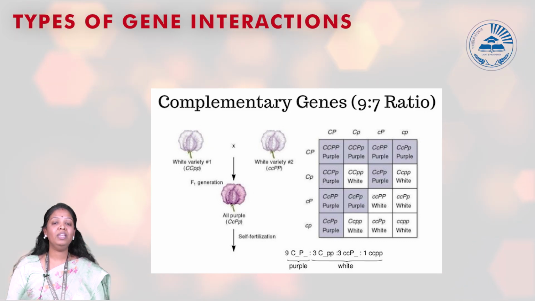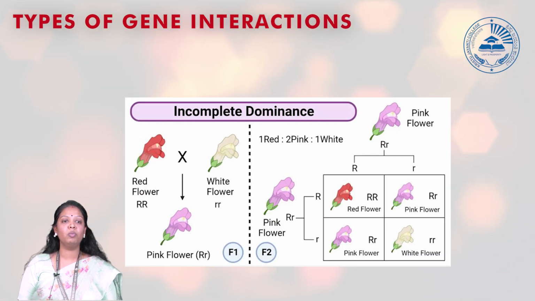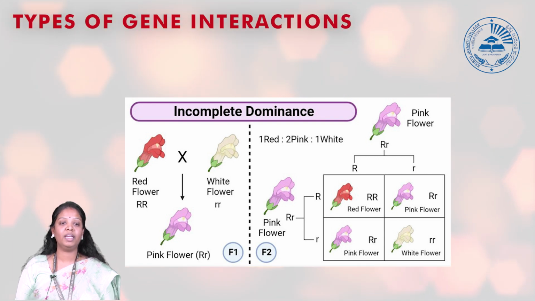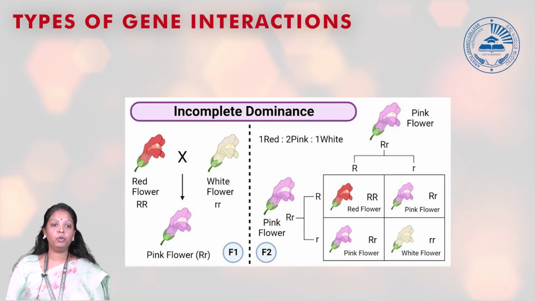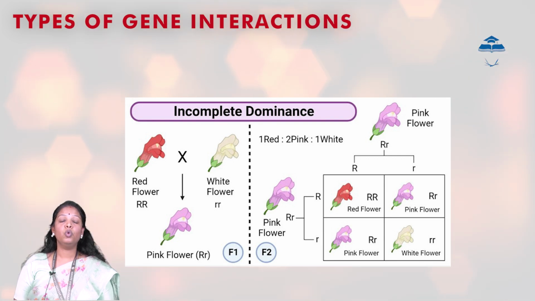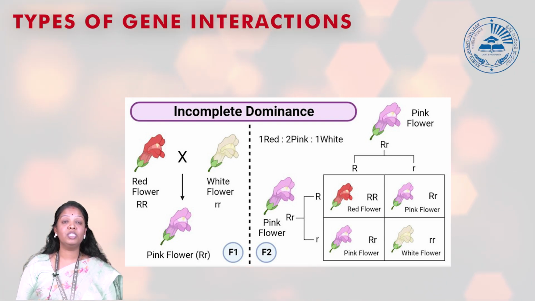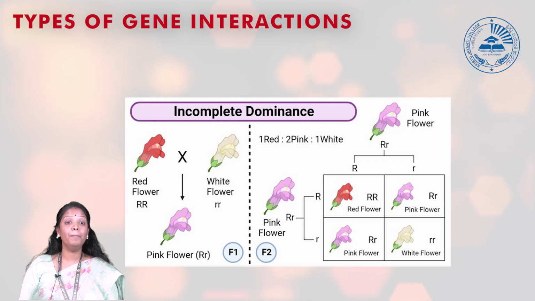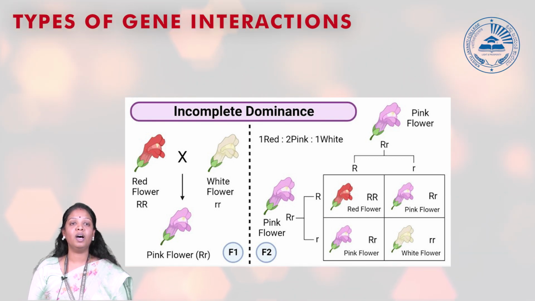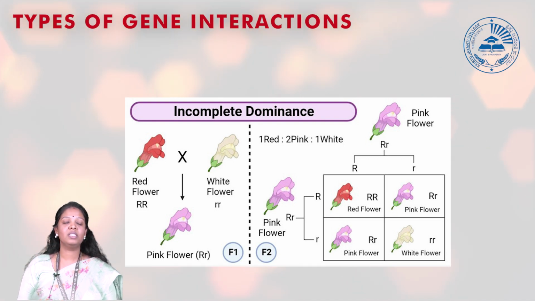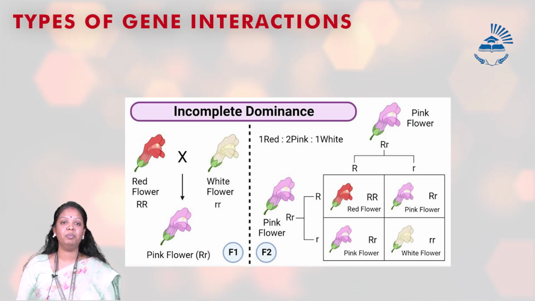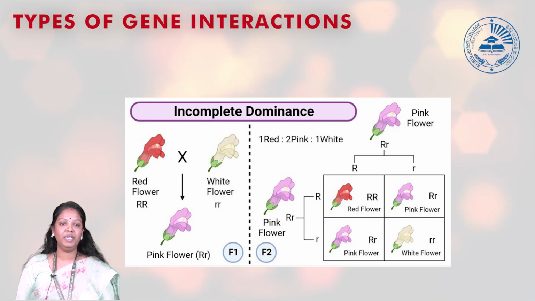Moving on to incomplete dominance, again it is a pair of alleles responsible for a particular characteristic, where you have 2 gametes or 2 parental characters. One character which is dominant is not able to completely suppress the expression of the other allele. As a result, the F1 generation will be intermediate in case of incomplete dominance.